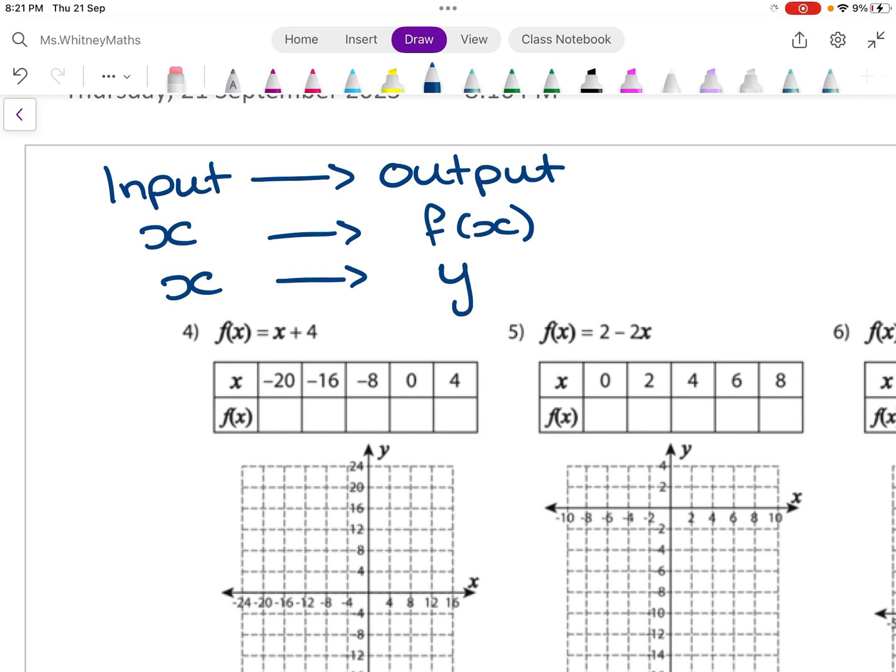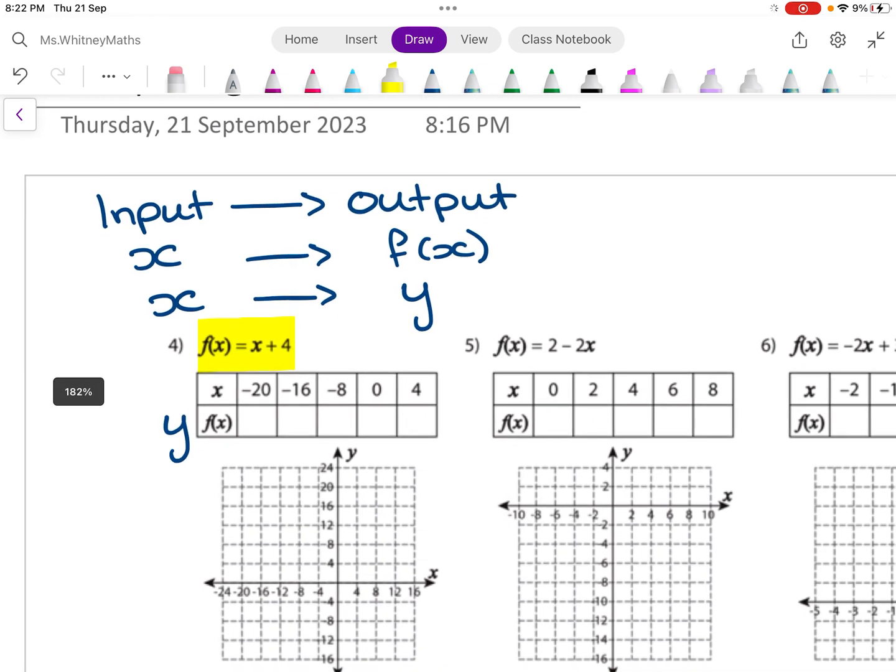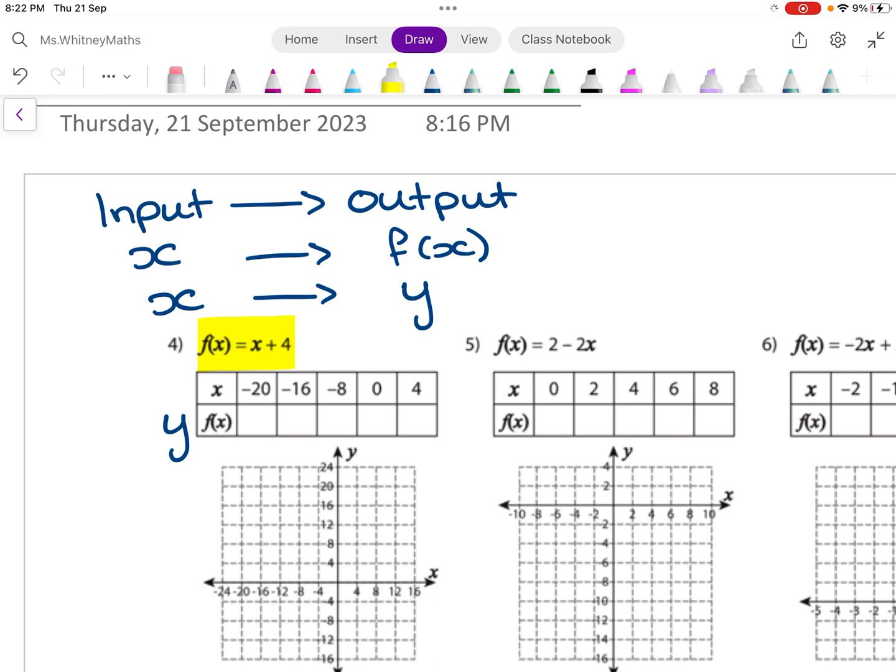Okay, so we're going to treat this just like we usually would whenever we plot the points. We just need to be familiar with the fact that the f of x is now our y part of the coordinate. So what we're going to do is simply substitute into here, but we can treat this just as though it says y equals x plus 4.